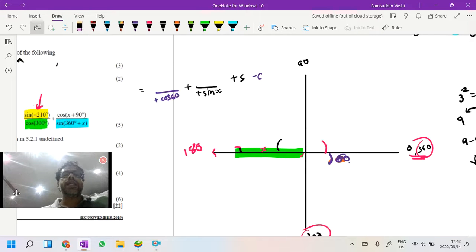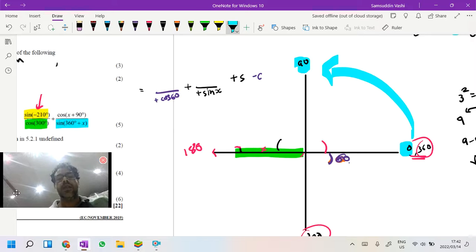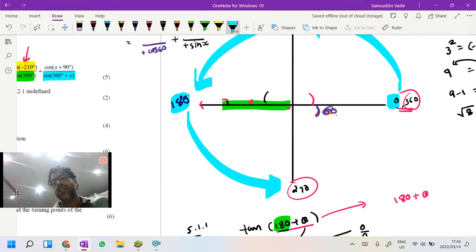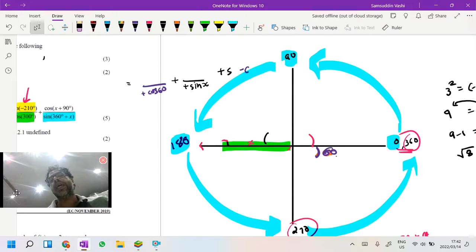I want to check the angles written: 0, 90, 180, going anti-clockwise, from 180 to 270, increasing in value, and from 270 to 360 anti-clockwise. So if I'm going anti-clockwise, my angles are all positive.